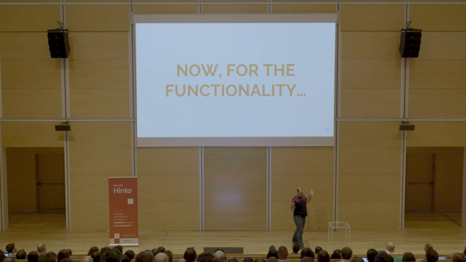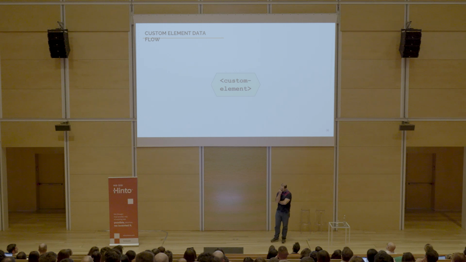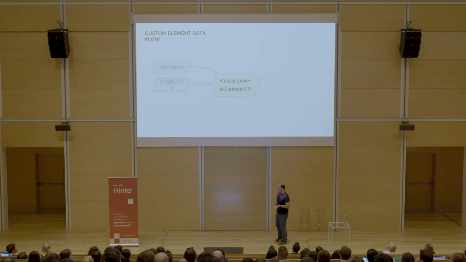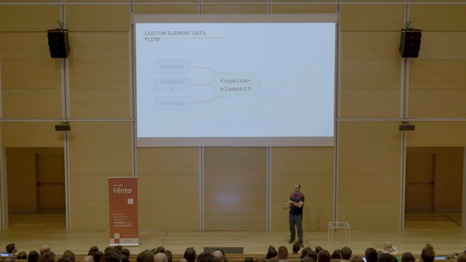This is just a definition, but it doesn't do anything. So, for the functionality, first of all, we must understand how custom elements communicate with the surrounding environment. Attributes and properties, and also data from methods, which come in the form of parameters, can bring data inside a custom element.